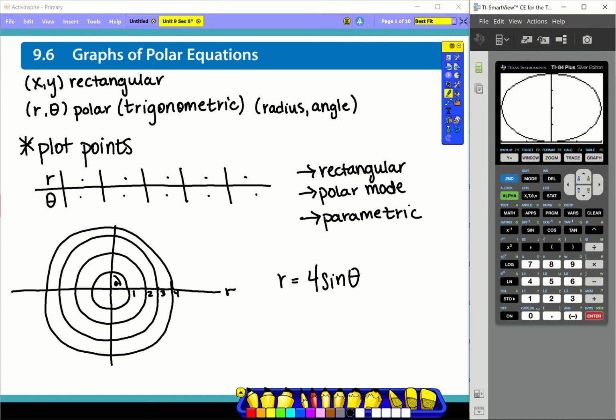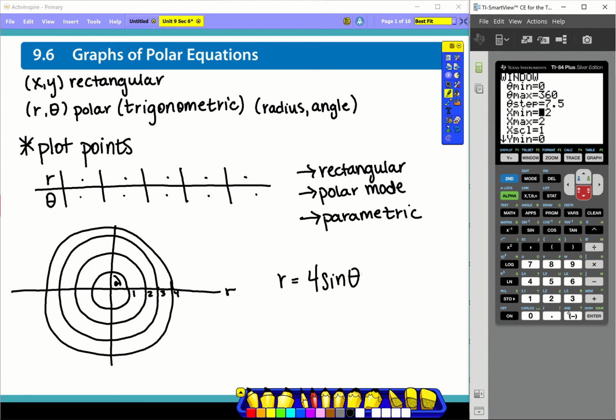So it looks like an oval. Would actually be more of a circle, but we could change these things by changing the way it looks. So let's see if we would be able to window, 360, 7.5.